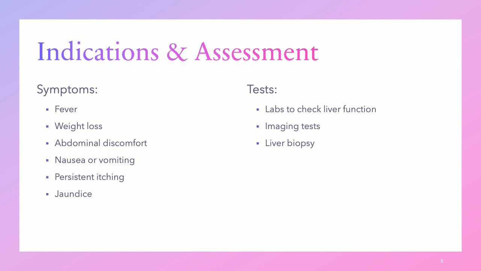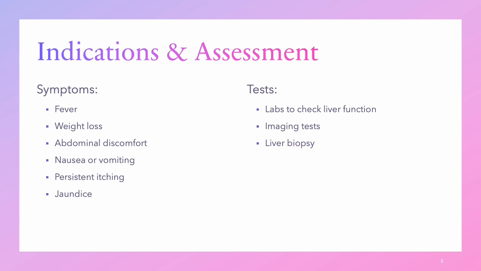After stating your symptoms to your doctor, the next step is to perform tests to find out what's going on and why you are experiencing these symptoms to confirm you have this disease. A couple tests that could be performed to confirm this disease are blood tests to measure liver function, imaging tests such as MRI, CT, ultrasound, and any other modalities that can help diagnose and treat liver cancer.